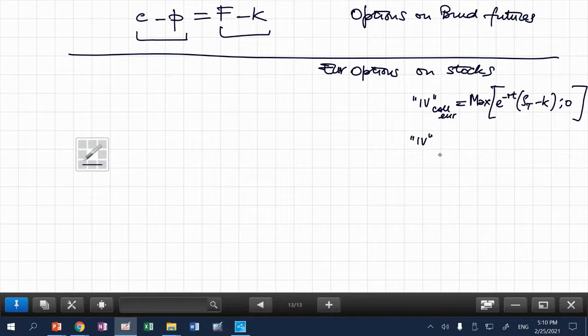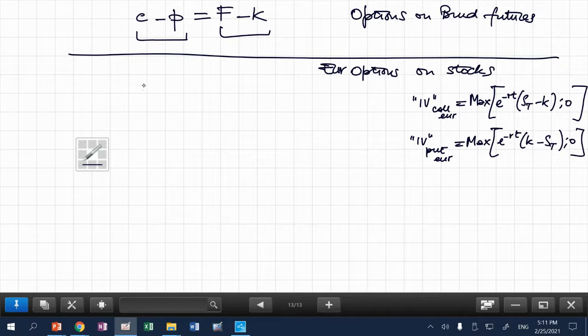For the put option, it was simply the maximum between the discounted value of K minus ST and 0. Okay? It's not super necessary to rewrite them. They are the formulas we had already on Tuesday when discussing the intrinsic value for these options.